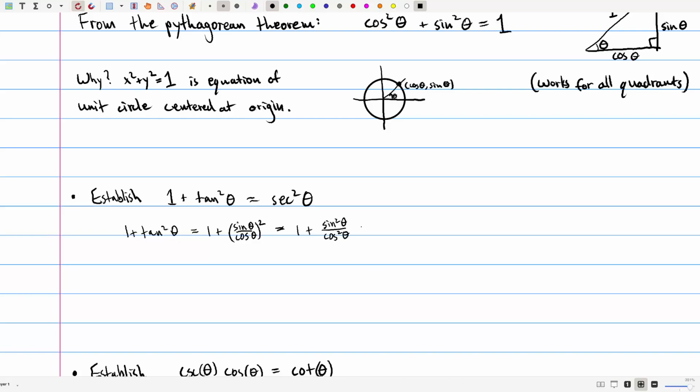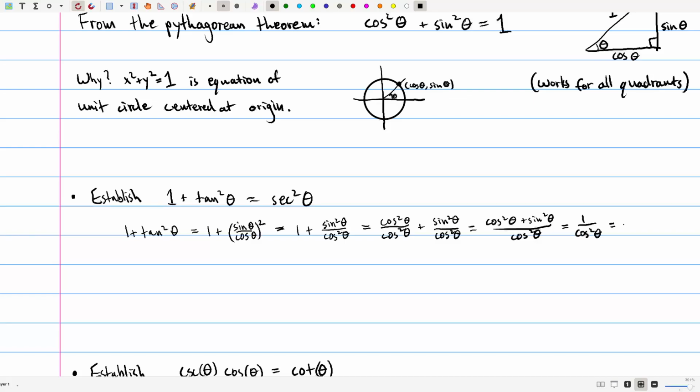And let's put it all together. So the common denominator is cosine squared. And then cosine squared plus sine squared, that just happens to be something that we know what it is. It's 1. And let's apply it.